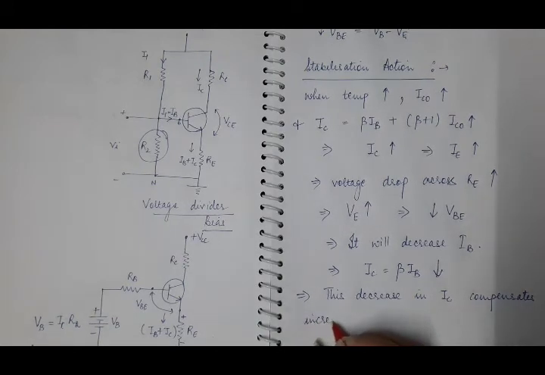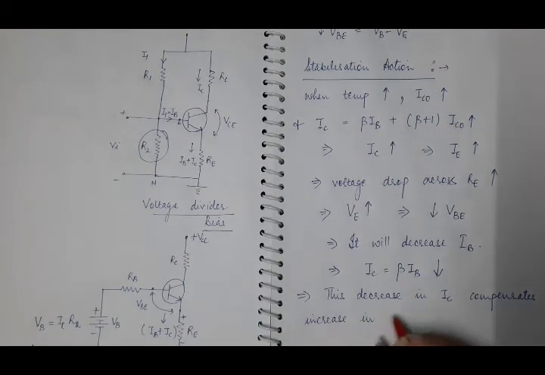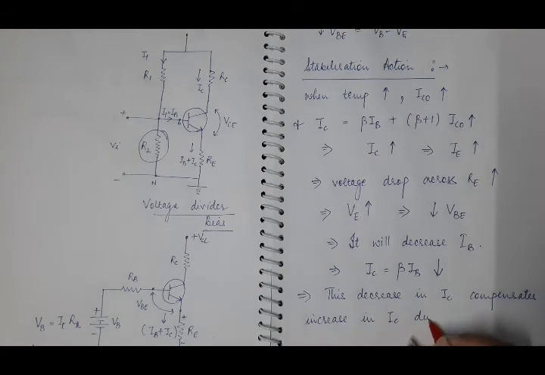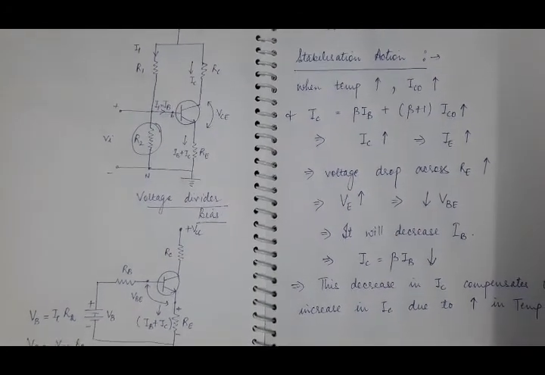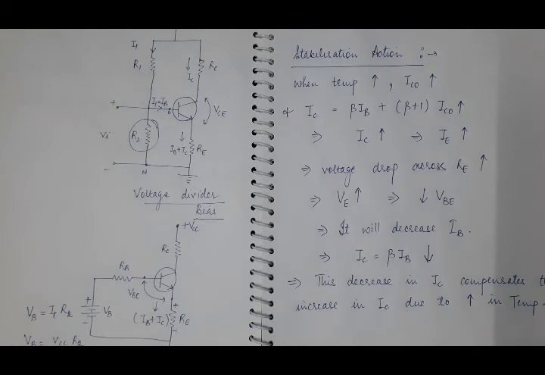In this way, the stability of the operating point is improved. And now I will show you that the value of IC is almost independent of beta. That is why this circuit is most preferred.